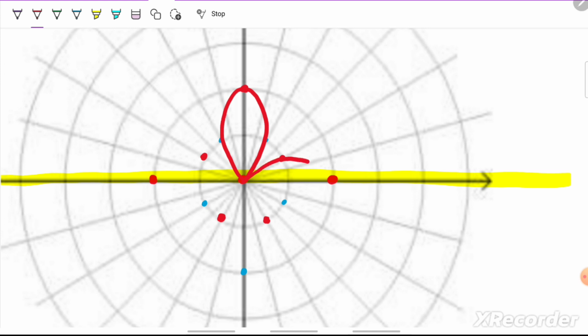Our second petal. Our third petal. And our fourth petal.